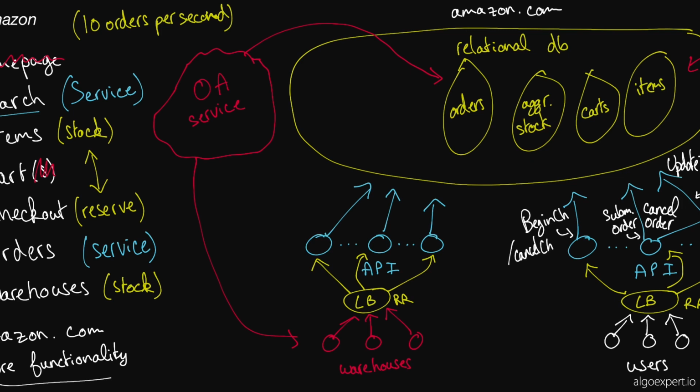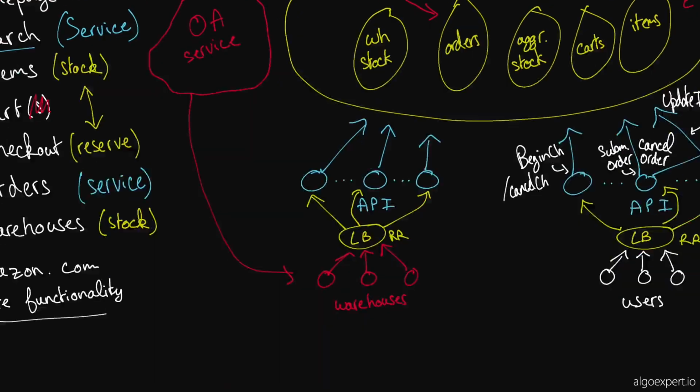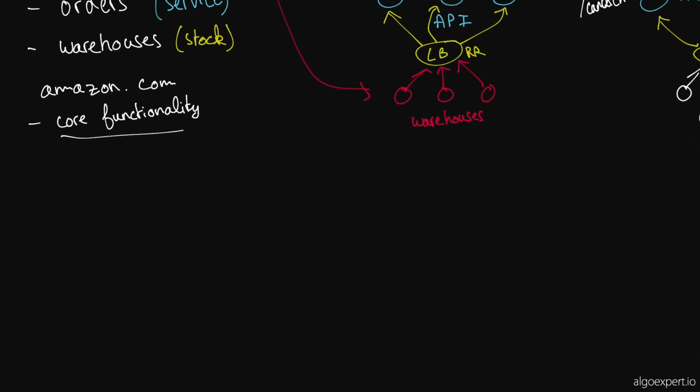So what I think we're going to have to do is have another table for warehouse stock. So I'm going to add another table. We'll put it here, close the circle. So we'll put WH stock, warehouse stock. And this table, let's see the schema. We'll write it down here.